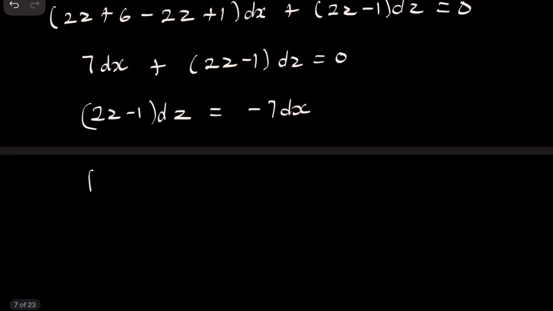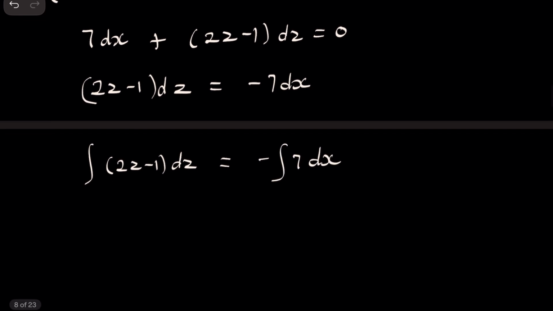Integrating both sides gives the integral of (2z minus 1) dz is equal to minus the integral of 7 dx. So thus we are going to have z squared minus z is equal to minus 7x plus a constant c.